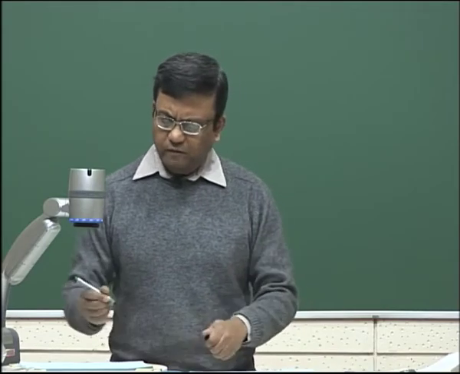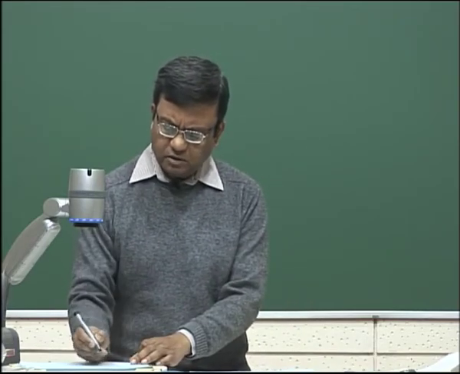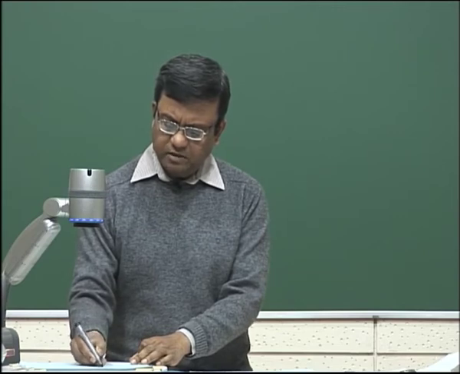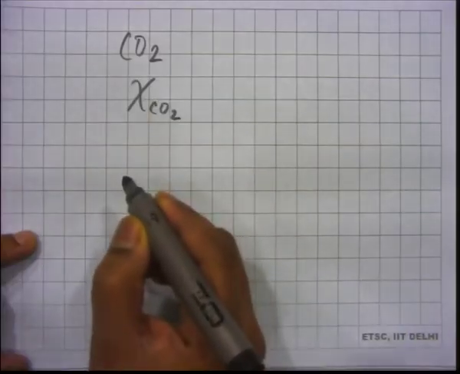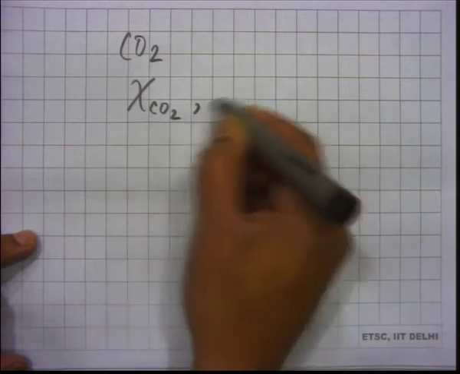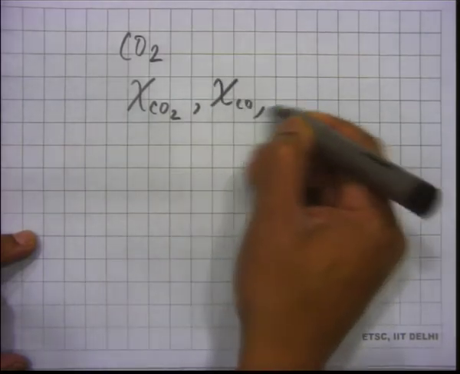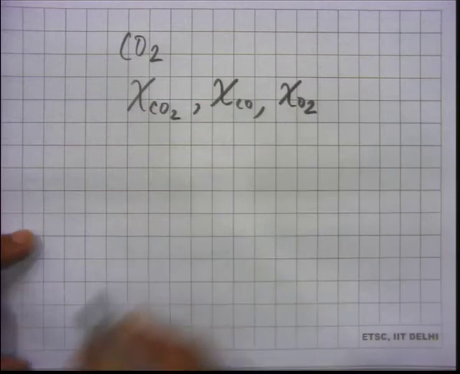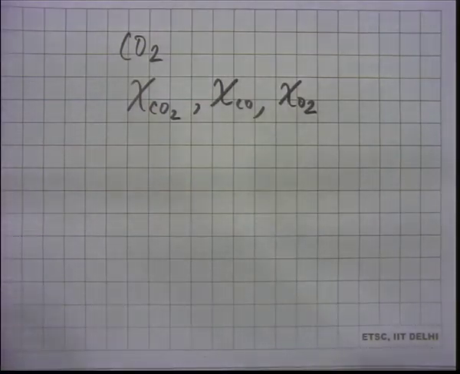What are the unknown mole fractions? If you are talking about CO2 dissociation, then we will be interested in the CO2 mole fraction in the final equilibrium composition, but we will also be interested in CO and O2 mole fractions, because we expect that these will be important.